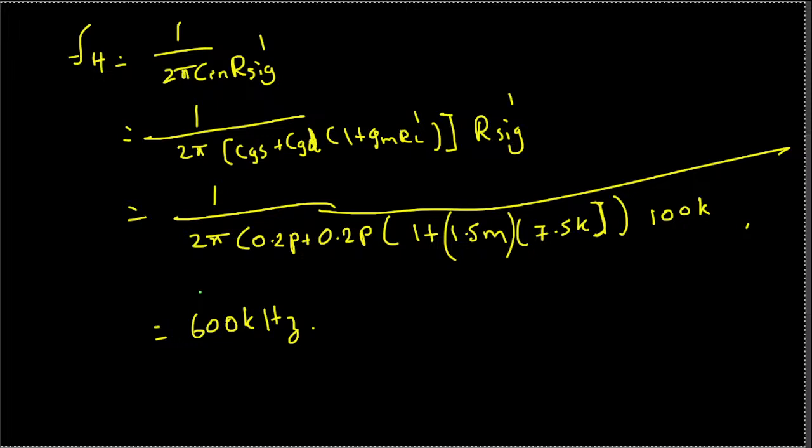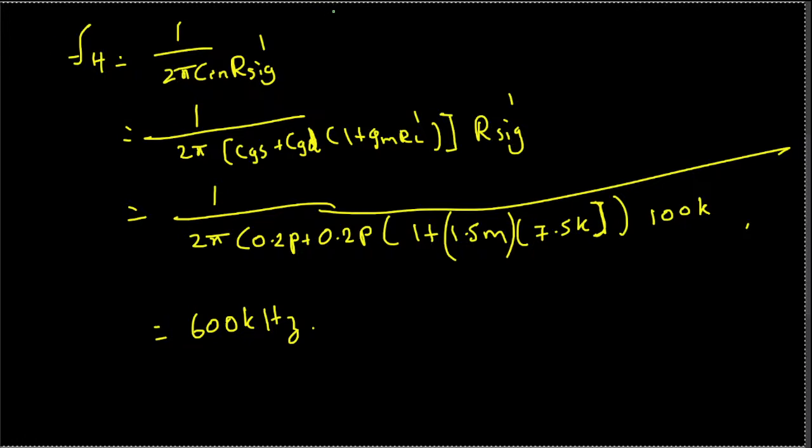But for the last one, it doesn't matter what load capacitance you have. You may have 0 load capacitance, 10 picofarad or 50 picofarad. You're going to get 600 kilohertz all the time, because the load capacitance doesn't come into play when you use Miller approximation to calculate the FH value.